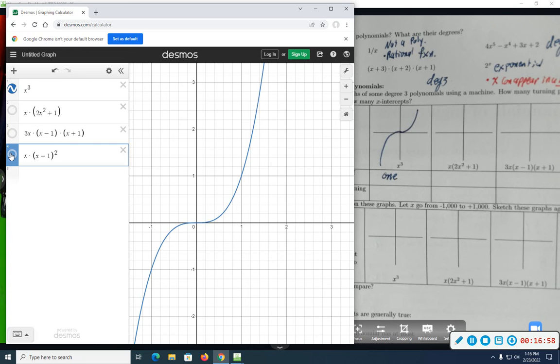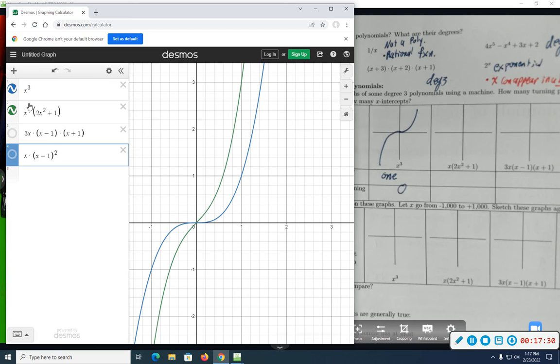Does it have any? Yeah, so maybe you would want to say 0. It certainly is what in calculus you would call a turning point. But before 0, is it increasing or decreasing? Increasing. After 0, is it increasing or decreasing? Still increasing. So it's not actually a turning point. It looks like it kind of wants to be a turning point, but it's not quite a turning point. So it's got one root, no turning points.